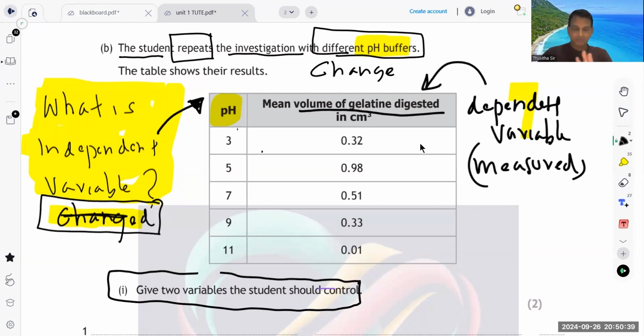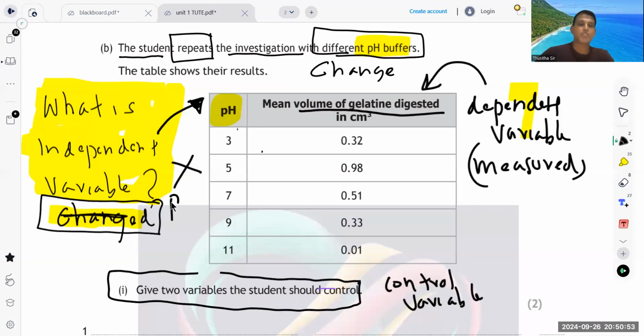Now, when we finish independent and dependent variable, the student has to keep other variables constant: control variables. So you can't use pH because it is the independent variable. So can you name one control variable?